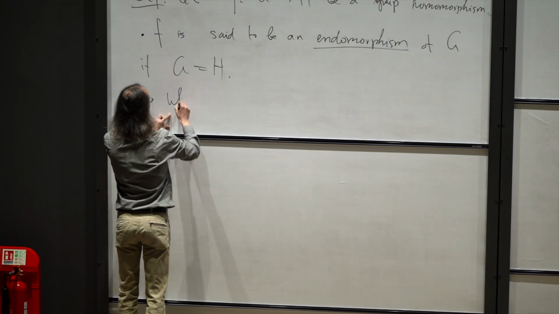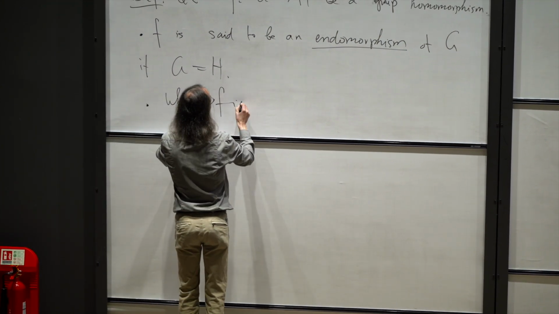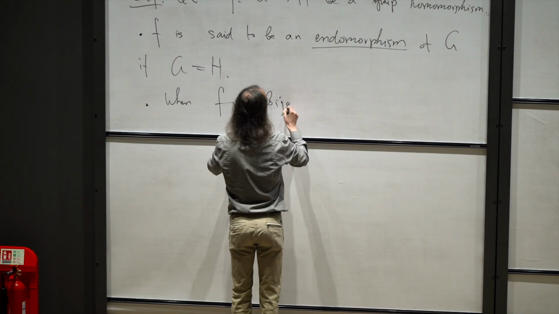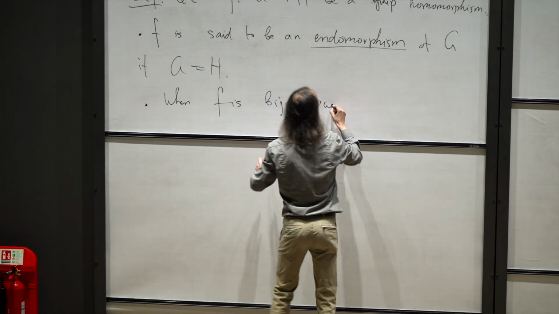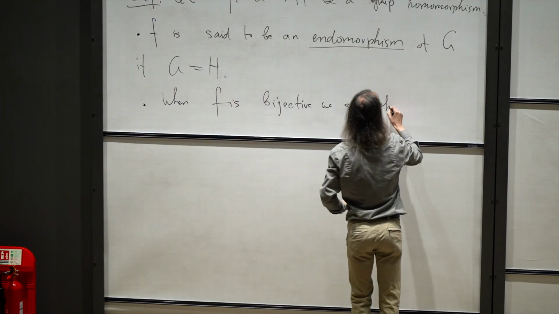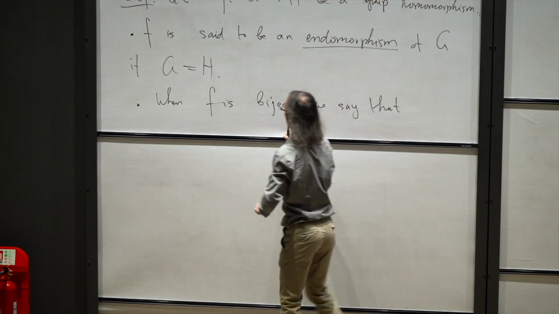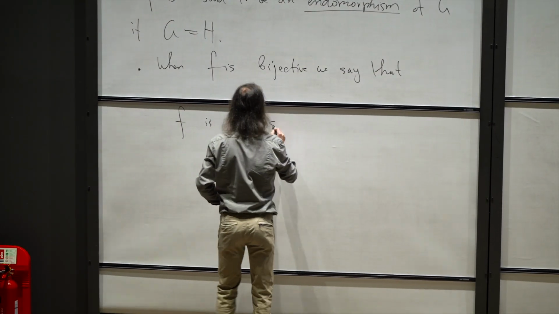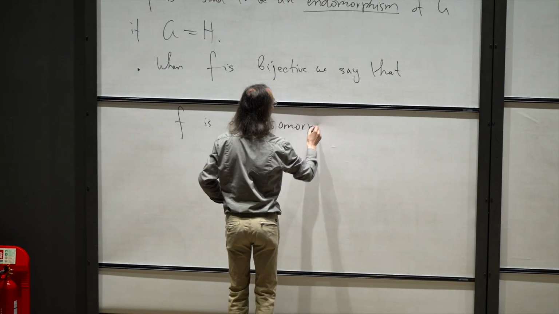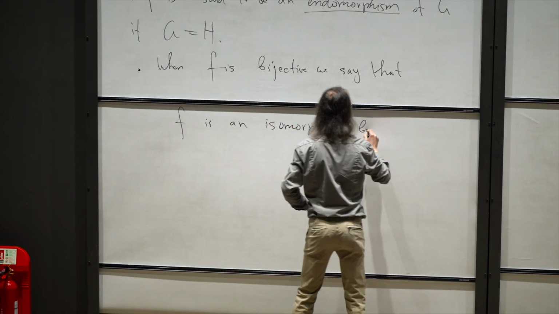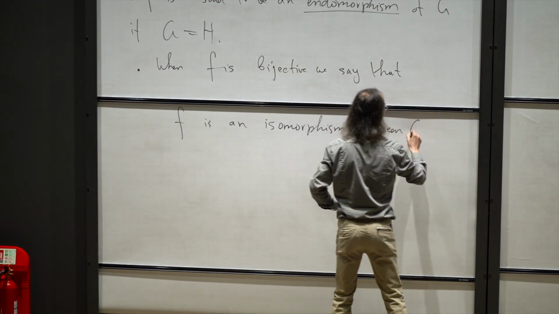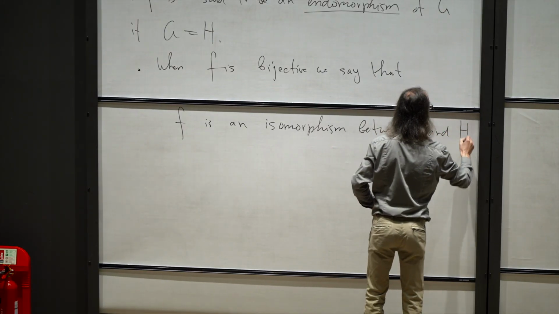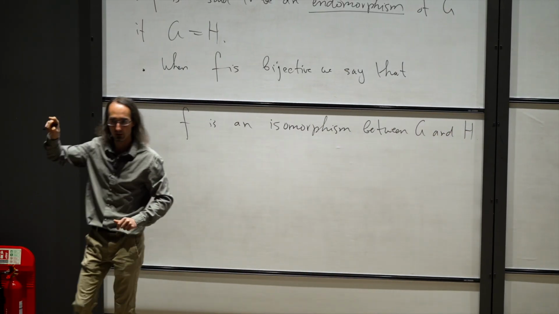When f is bijective, we say that f is an isomorphism between G and H. We've already seen this definition of an isomorphism.